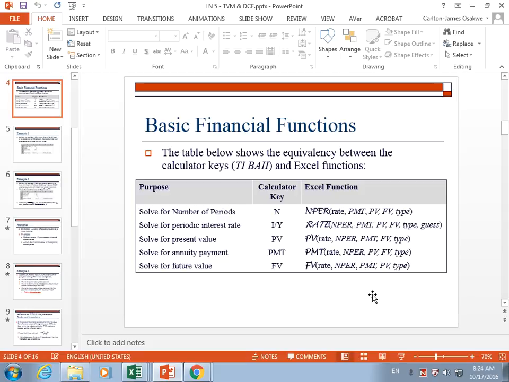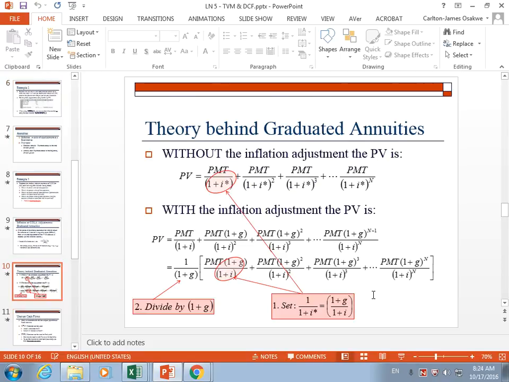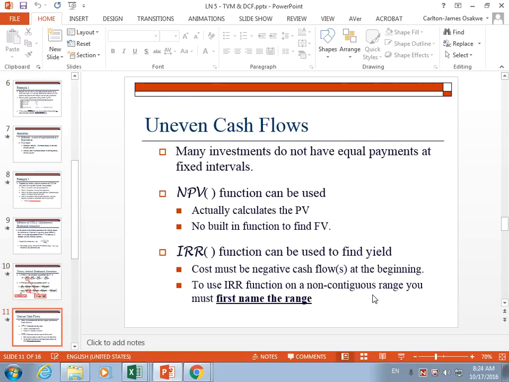But this requires then that the payment be constant. Now we know how to adjust it if it's growing at a constant rate, but suppose it's just uneven. How do we deal with that? Well, we switch over. Instead of using PV, we use NPV, and instead of using rates, we use the internal rate of return. So these are the two functions then that we want to deal with here.